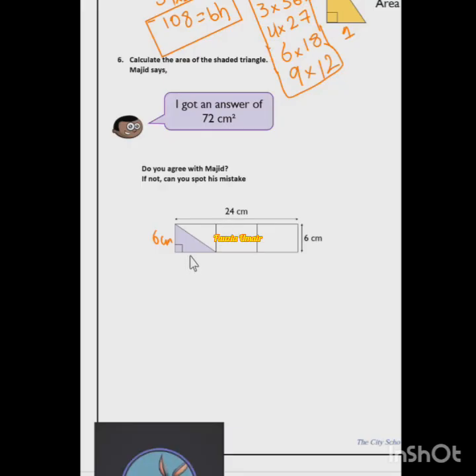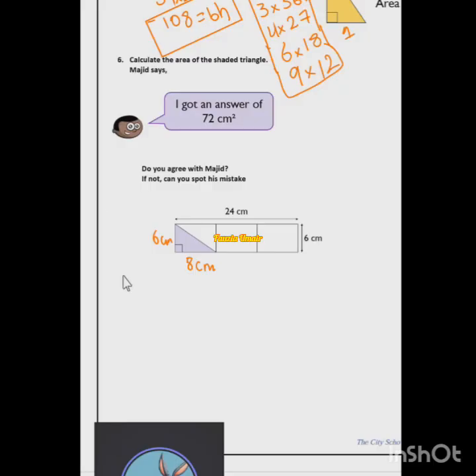So 24 divided by 3 is 8. Now we'll find the shaded area.